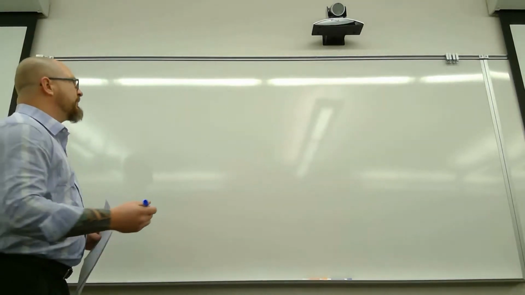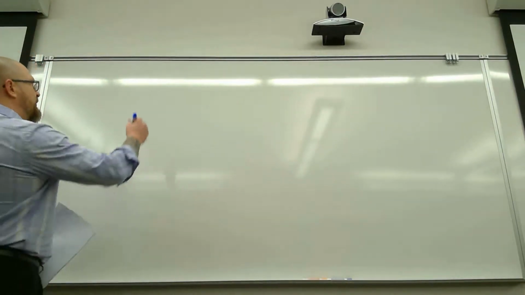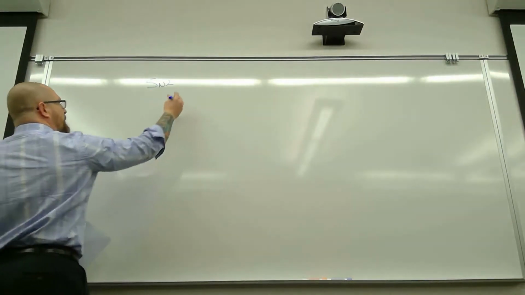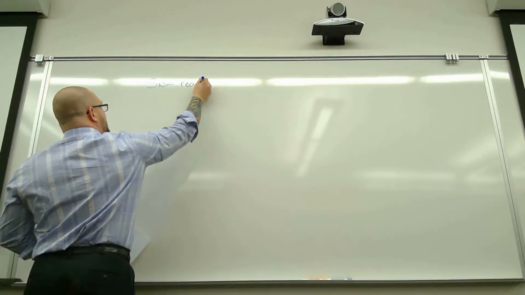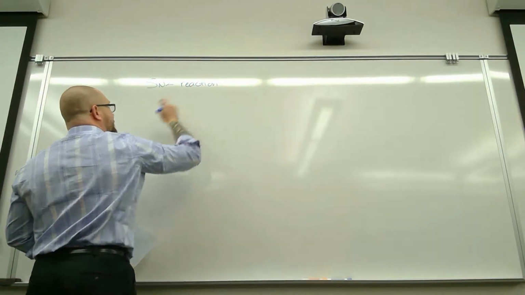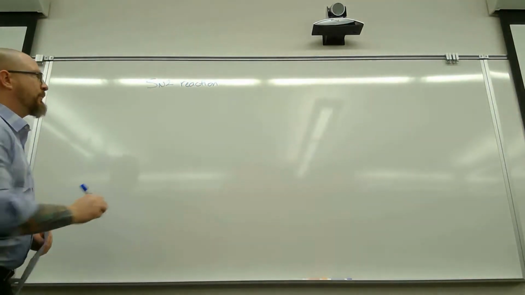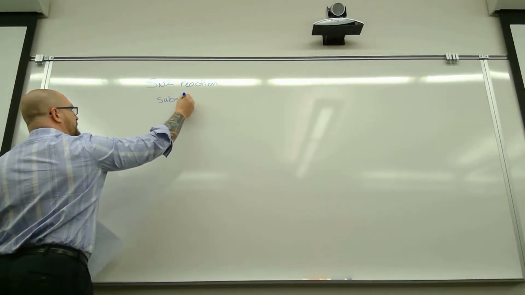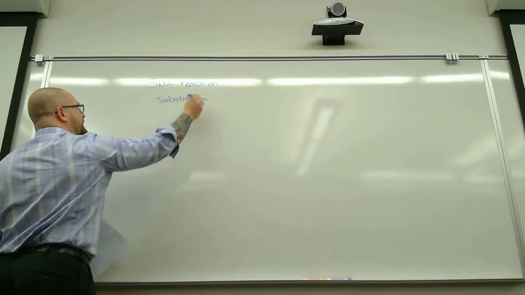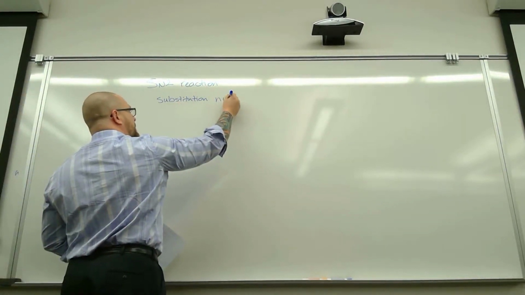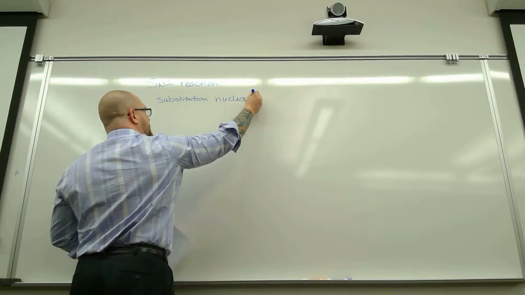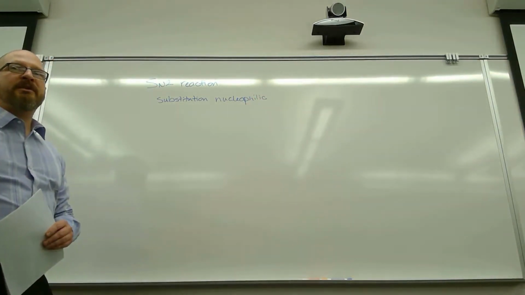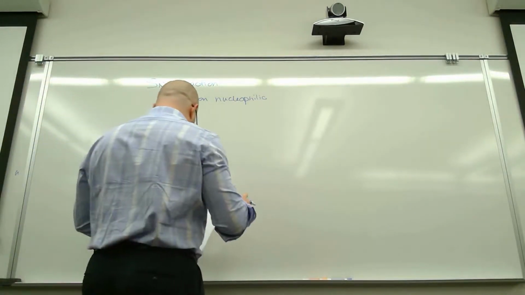So the first reaction we're going to look at is going to be the Sn2 style reaction. And what this stands for is Substitution Nucleophilic. And the 2 is what gets people quite a bit of the time.